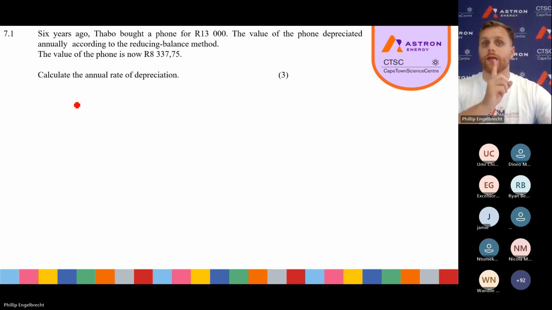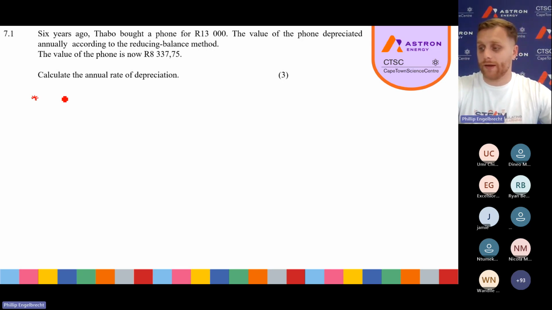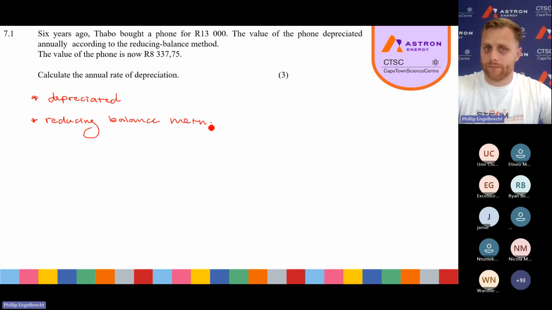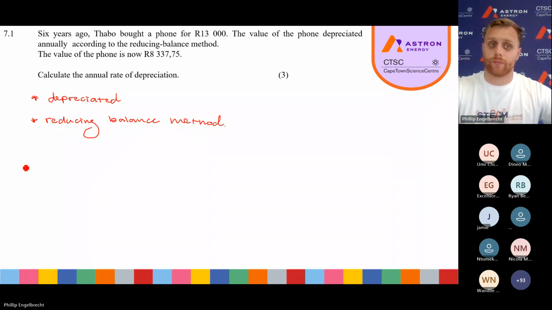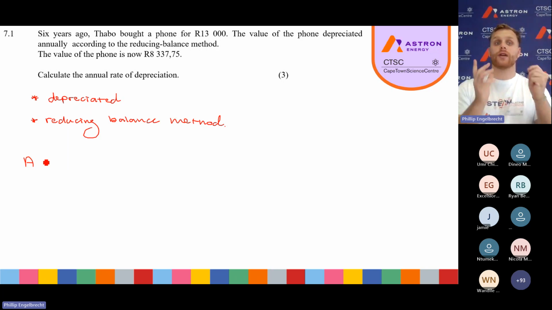So they've given us some clues here. Number one, they said that it depreciated. And they also said the reducing balance method. So what can I find here? I firstly know that A is my amount that I have today.